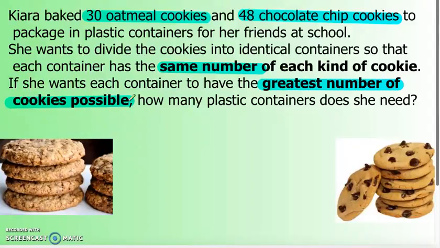And so if I'm giving them to the friends, which is so sweet, I need to figure out how many oatmeal cookies and how many chocolate chip cookies I need. So this time I've decided I'm going to do a factor tree for each one of those because I'm going to try to find the greatest common factor of the number of cookies.